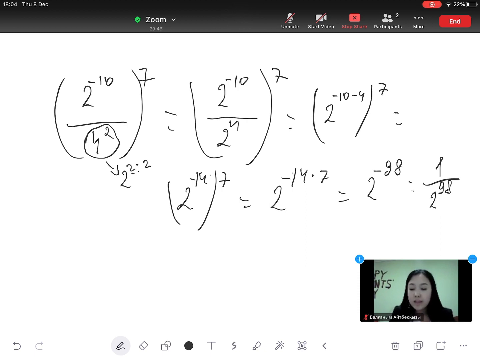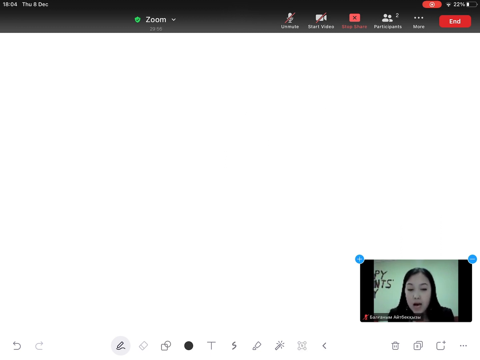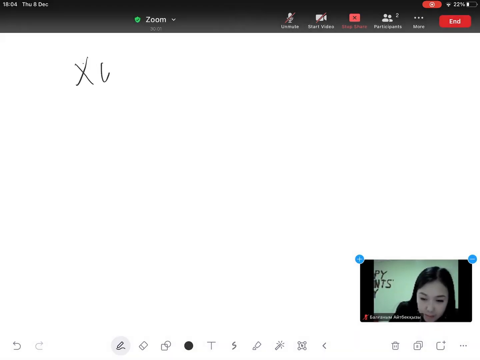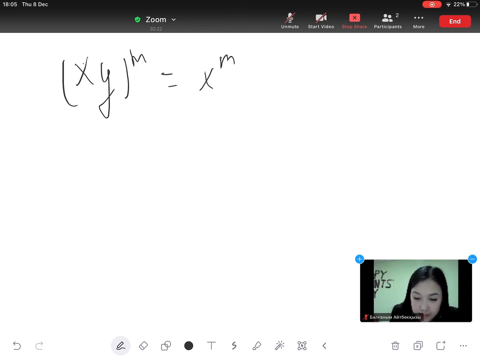Okay, it's finally time to look at the last 2 laws on our list. The first law shows this group x times y, being raised to the power of m, and it says that you can write it as x to the m times y to the m.